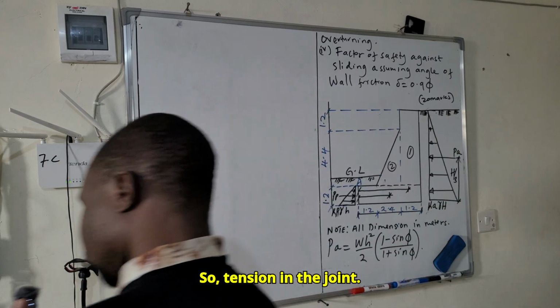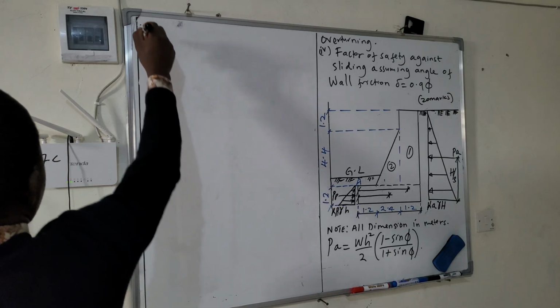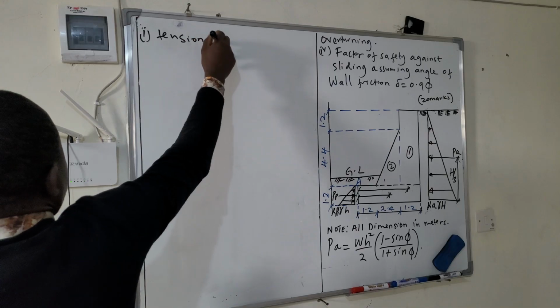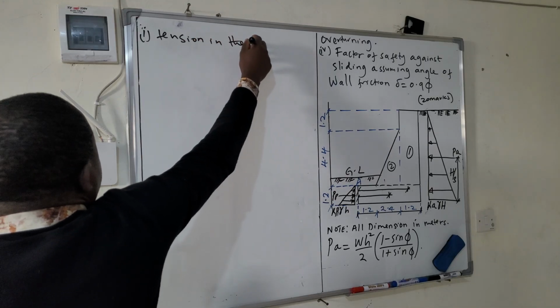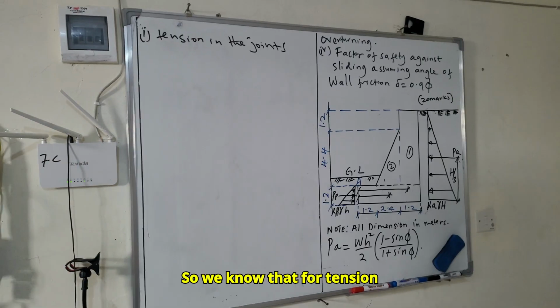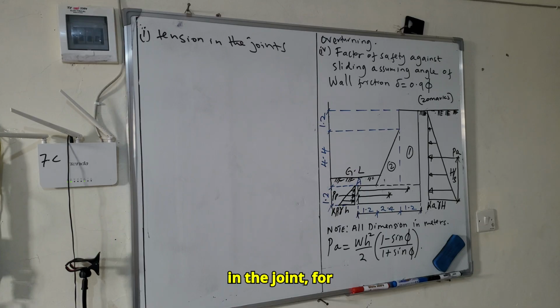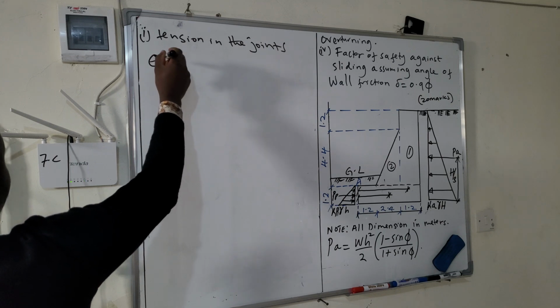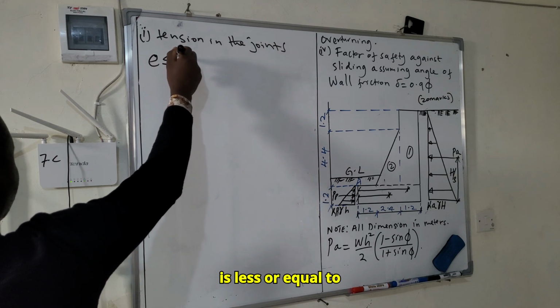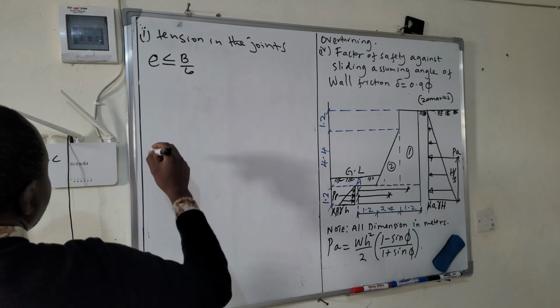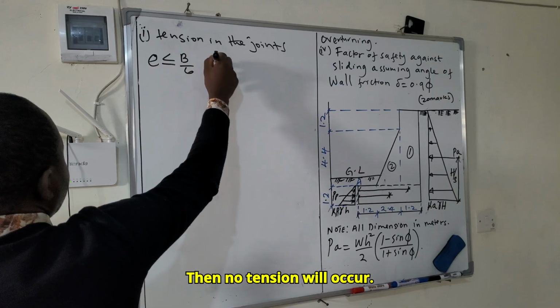We know that for tension in the joint, if E is less than or equal to B over 6, then no tension will occur.